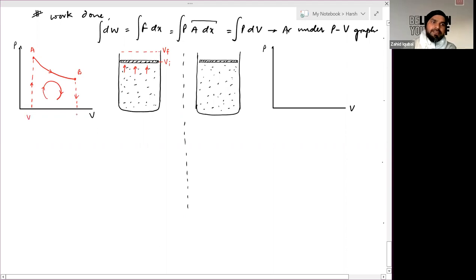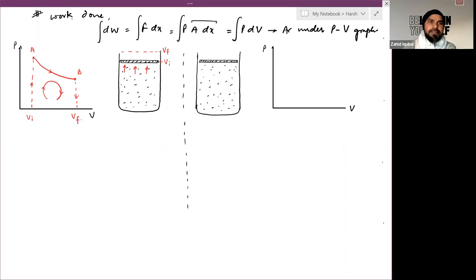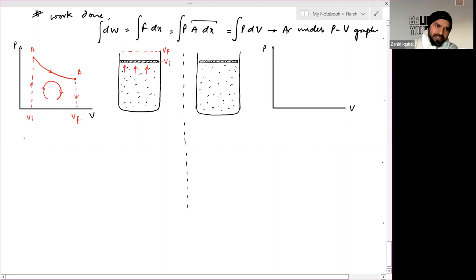Is it clear? Yes, sir. In this part, V final is greater than V initial, so the change in volume will be positive and hence work done will be positive. We can say this part is expansion of gas.